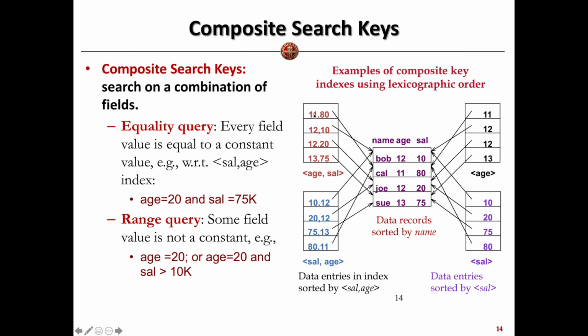Now this one, the first one is 11, age, 80, salary. It points to Cal, right? Similar for the remaining entries. So you can see this index table is sorted according to age, salary. However, our data tuple is sorted according to name, actually.